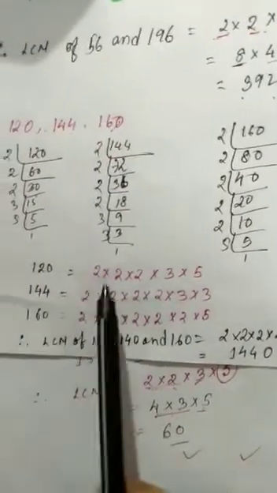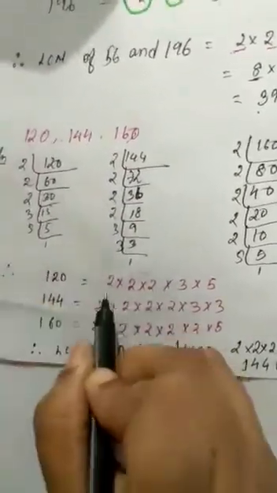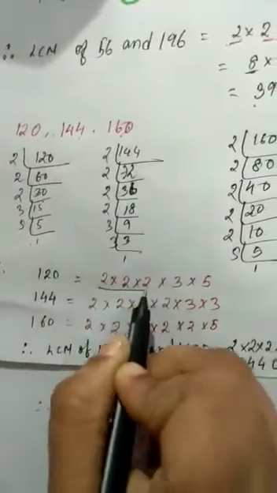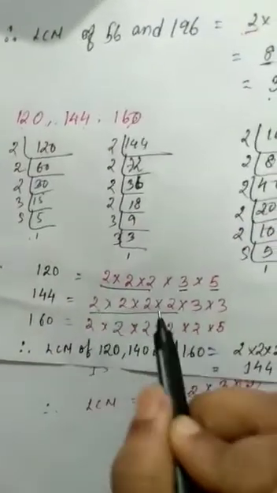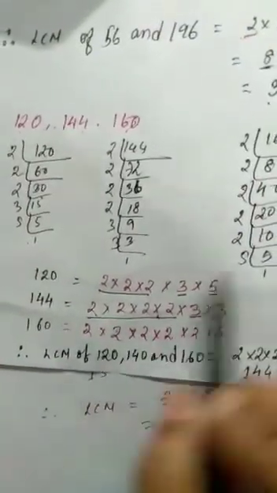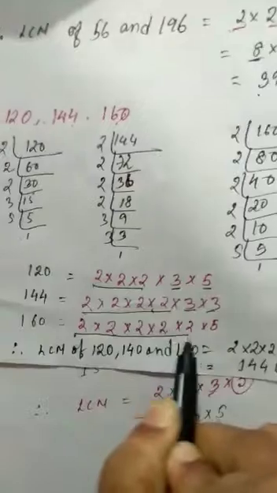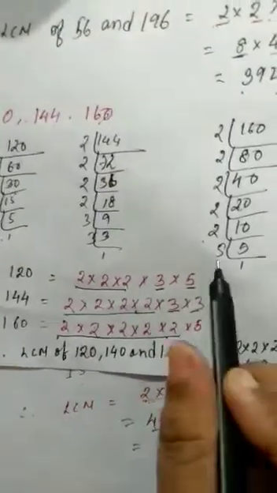So 120 means we can write 2 three times, and 3 one time, then 5. Next this one: 2 four times, and 3 two times. Now 160 means 2 five times, and 5 one time.